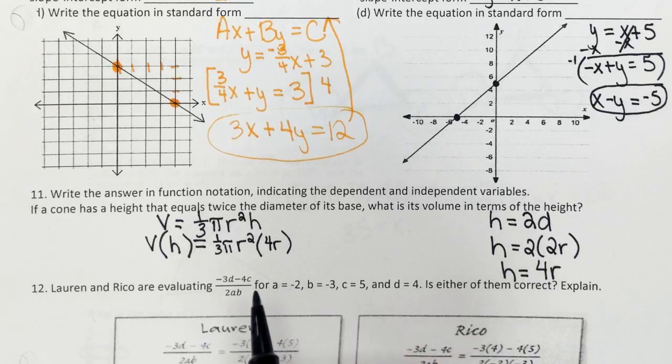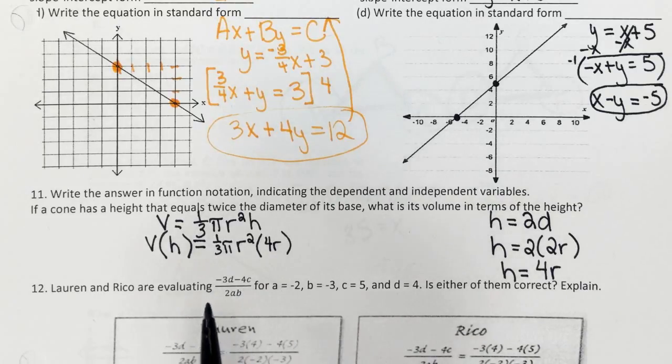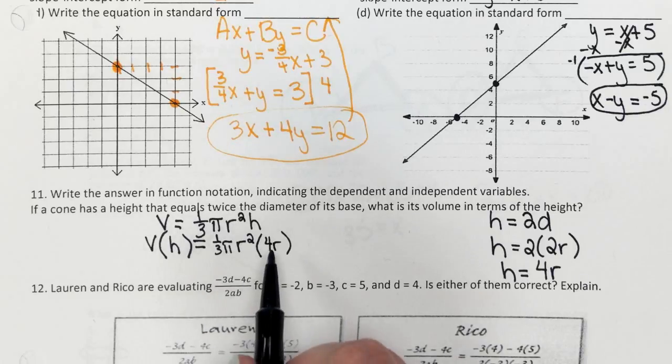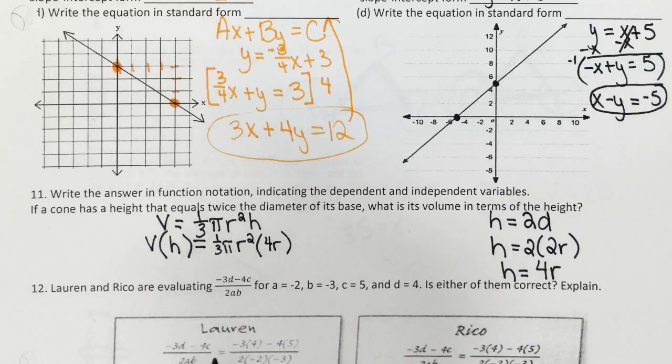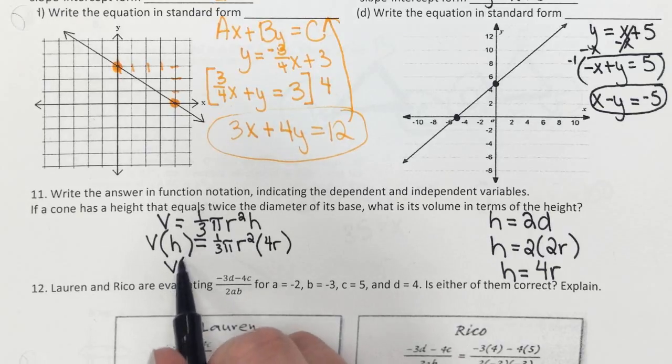Y'all were so scared last week at this problem. Look at you go. You're showing that problem who's boss today. All right. Here we go. Let's look at our numbers. What are the two numbers here? 4 and 1/3. What is 1/3 times 4? Fractions are your friend. 4/3. Very good.